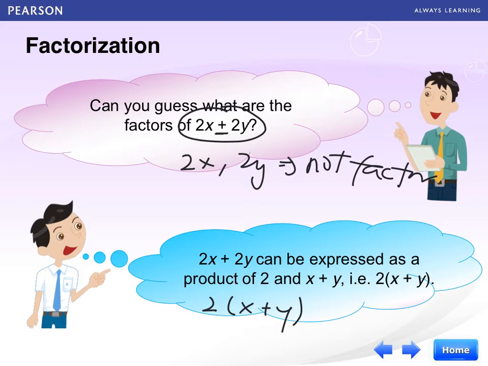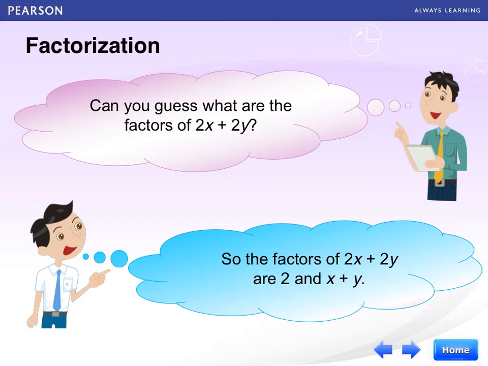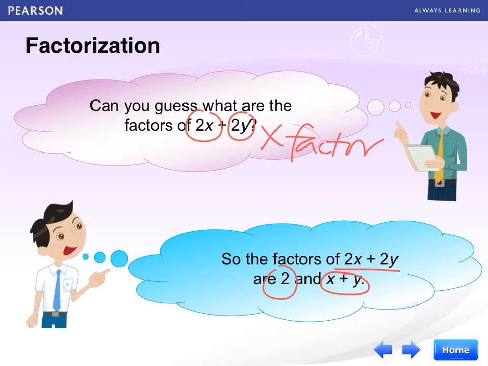Because it's 2 times x plus y, in this case 2 and x plus y, both of them we can call factors. As a result, when I say 2x plus 2y, the factors are only 2 and x plus y, but not 2x and 2y. You need to be careful.